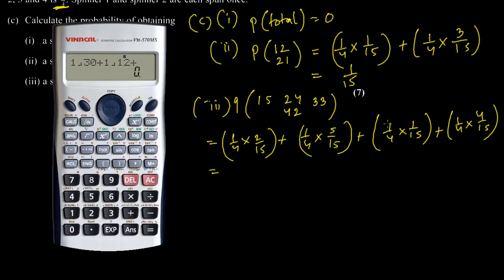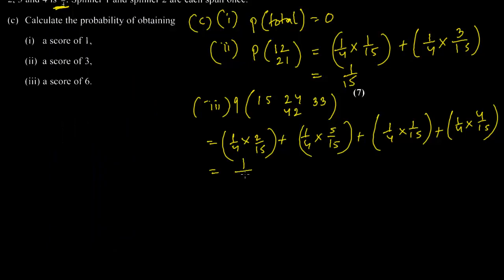Plus this one, 1 by 4 into 15 is 60, so this would be 1 by 60. Plus this one, 4 and 4 cancel, so it would be 1 by 15. The probability is 1 by 5. So that is the probability, 1 by 5.